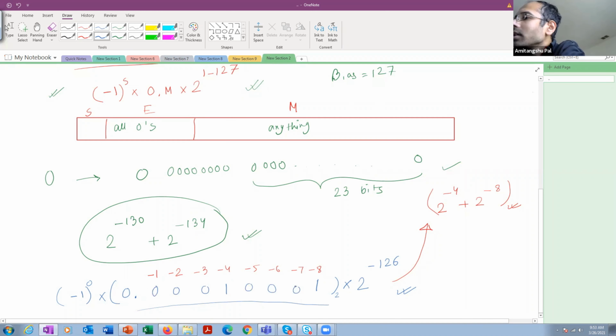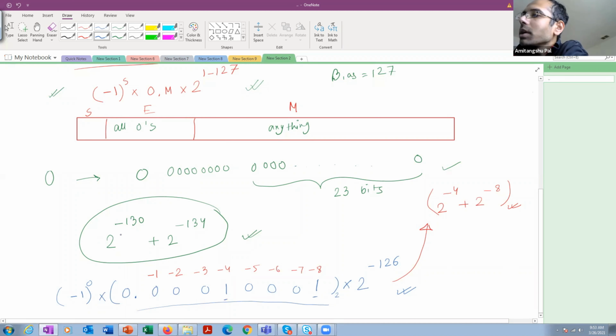So if I multiply 0.00010001 with 2 to the power minus 126, I will get a value of 2 to the minus 130 plus 2 to the minus 134, because one bit gives a weightage of 2 to the minus 4 and the other gives 2 to the minus 8, which are multiplied with 2 to the minus 126.